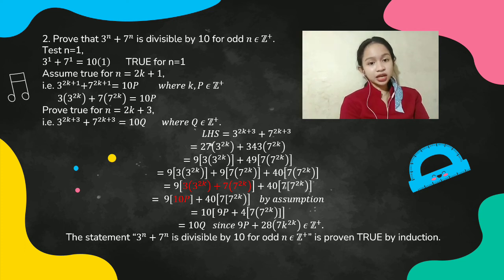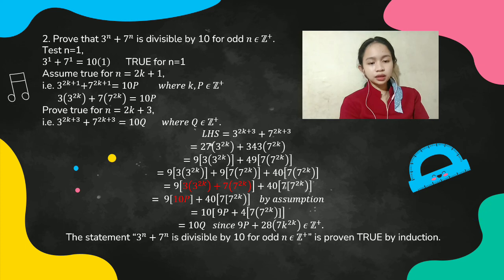So, examples such as 3 raised to 2k plus 3 plus 7 raised to 2k plus 3 is equal to 10q, where q is an element of Z. So, i-prove na to na. It is equal to 9 times the quantity of 10p plus 40 times 7 raised to 2k by assumption.